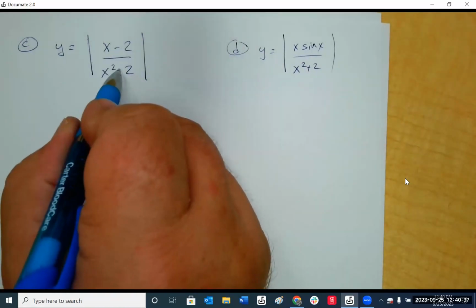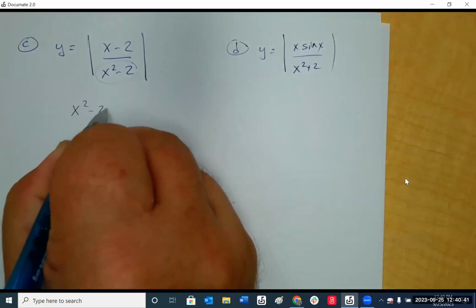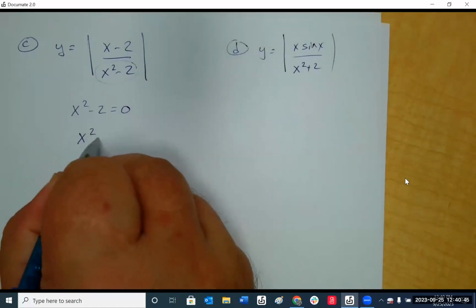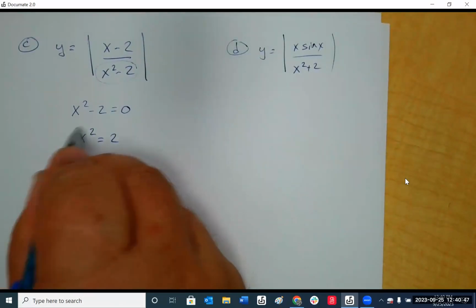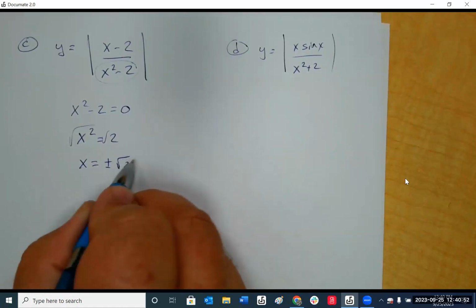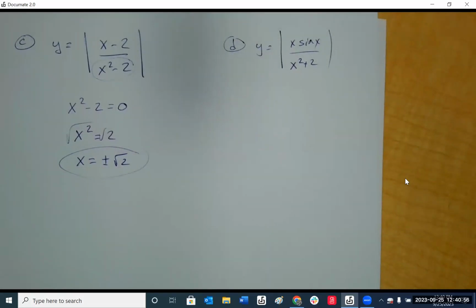We have a fraction, right? So the only thing we cannot have on the bottom is it cannot equal 0. So x cannot equal plus or minus radical 2. It's continuous everywhere except there. And we don't have a removable discontinuity, so we're stuck.